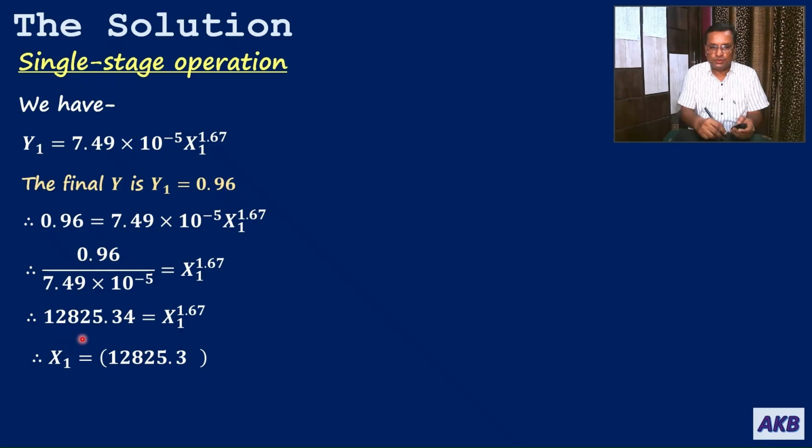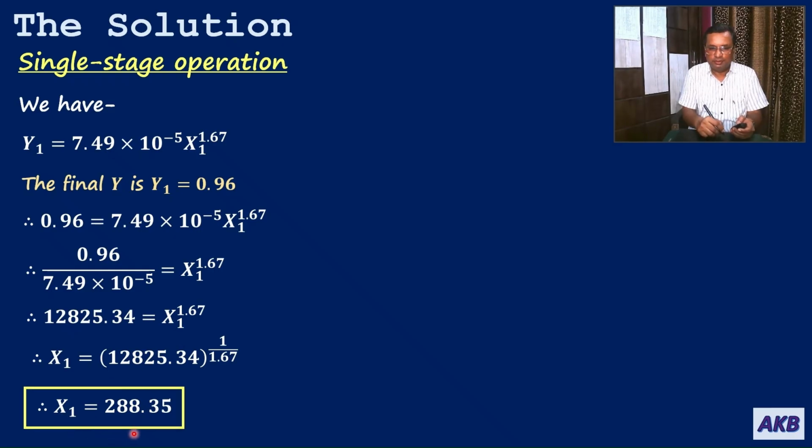That is 12825.34 is equal to x1 raised to 1.67. This division is 12825.34. That is, x1 is equal to 12825.34 raised to 1 upon 1.67 in order to get x1. So therefore x1 will be 288.35.